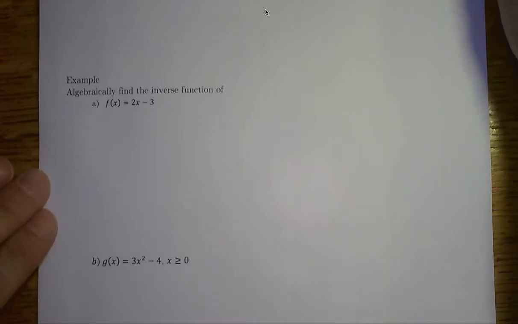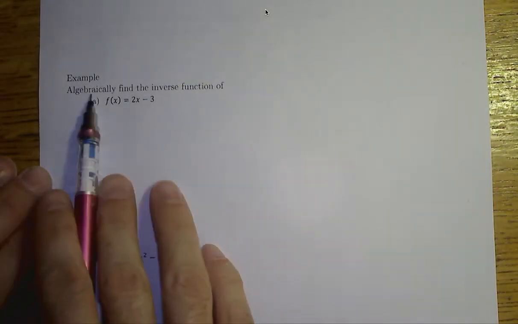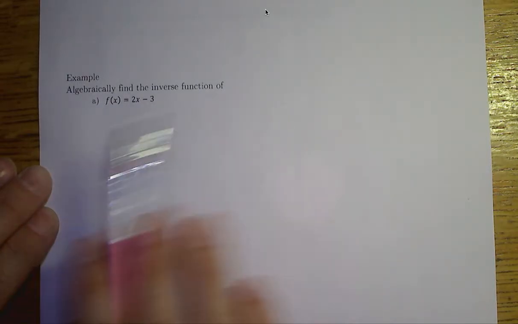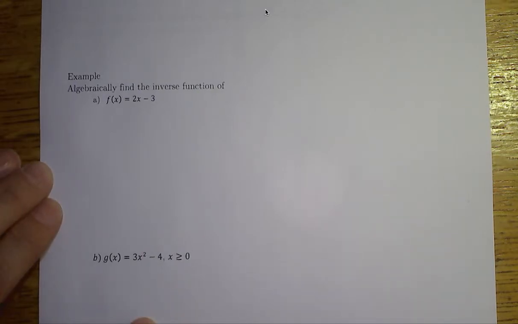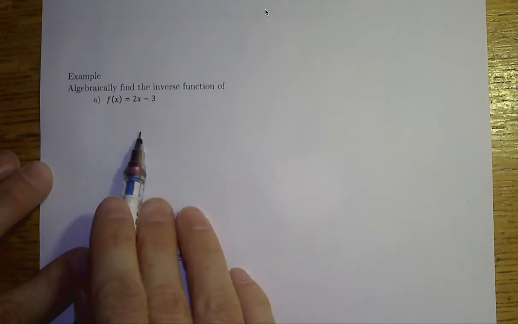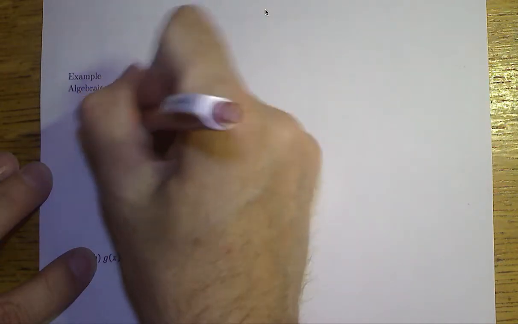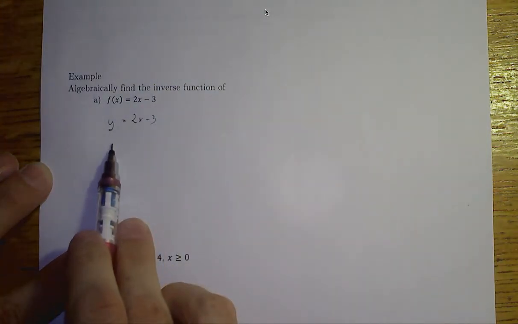Let's do the next example. In this next example, we're going to algebraically find the inverse function of f of x is equal to 2x minus 3. First thing, just for notation's sake, let f of x be equal to y.